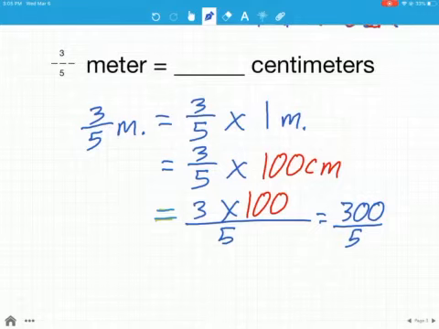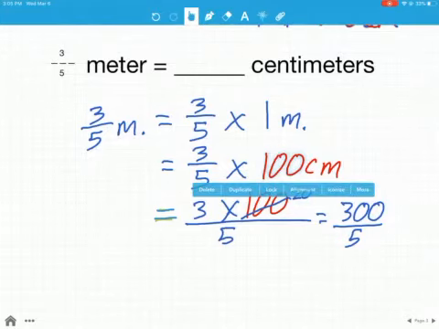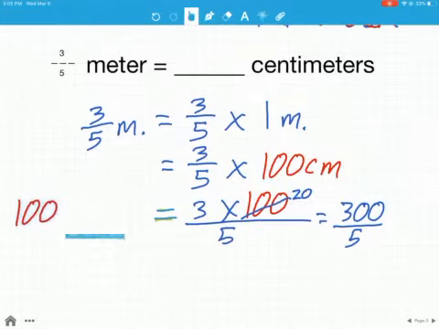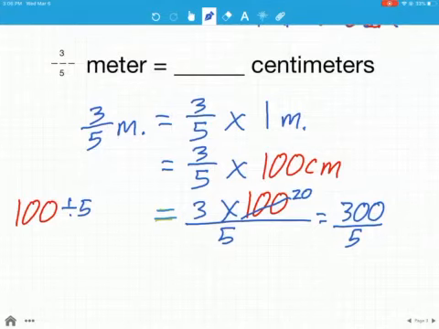So I know 5 goes into 100, and I know it goes in there 20 times because 100 divided by 5 equals 20. So that's where I'm getting it from, the 20.